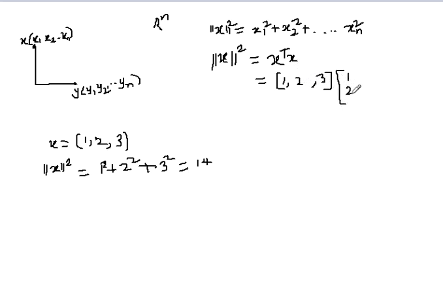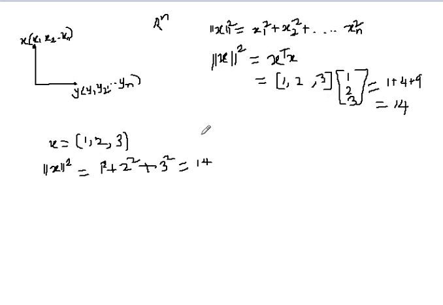This is equal to 1 into 1, that is 1, plus 2 into 2, that is 4, plus 3 into 3, 9, which is again 14. So the magnitude of x squared is equal to x transpose x. It is always true.